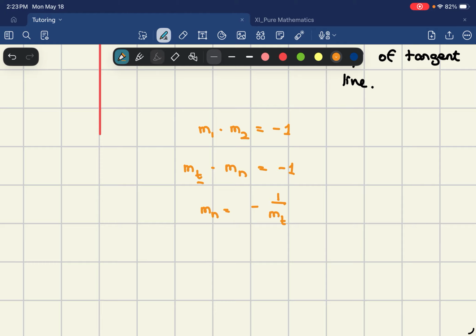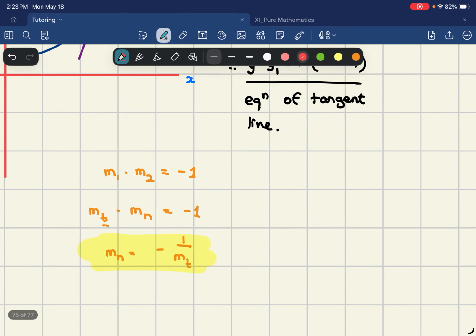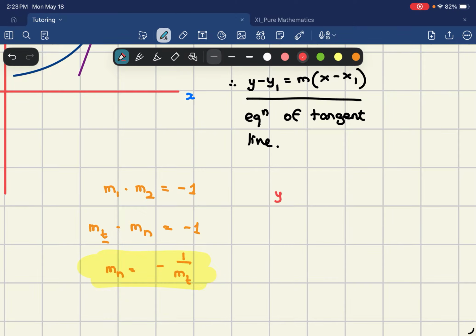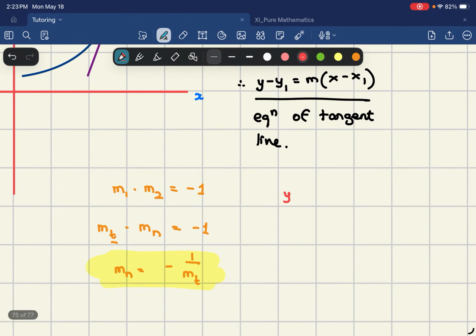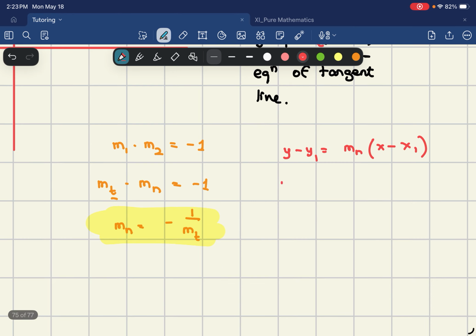Now the equation of the normal line, because it passes through (x1, y1) again, is y minus y1 equals the slope of the normal line times (x minus x1), where the slope of the normal line is minus 1 over the slope of the tangent line.